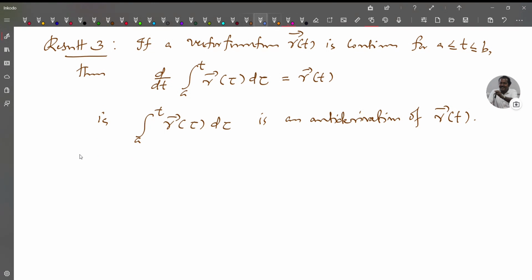Proof. Let r of t equal f of t i plus g of t j plus h of t k.